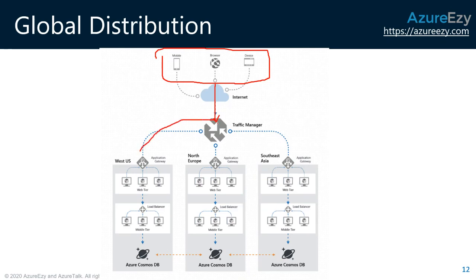It could be West US, it could be North Europe, it could be Southeast. And all this is a single application. So what is most important? The databases which are catering to this application, Cosmos DB in West US, in North Europe, or any DB in Southeast, should be in sync. That's how a globally distributed application works.